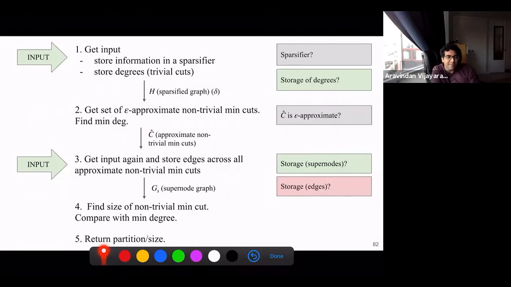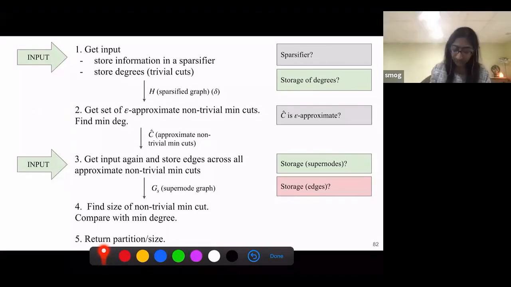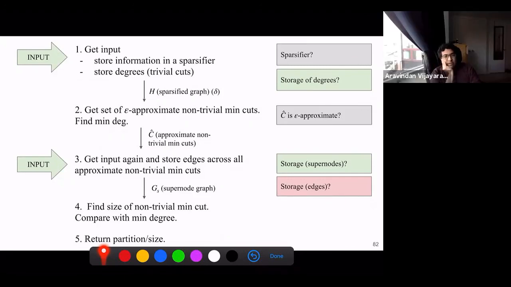By efficiently, I meant in terms of running time, or do they just say you can run over it exhaustively? I'm not entirely sure how you would get the set of approximate non-trivial cuts without finding the size of all cuts, but it's fine for the streaming setting because you only care about memory. Exactly. Okay, I see.